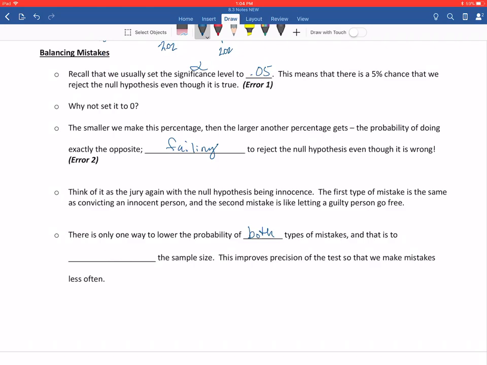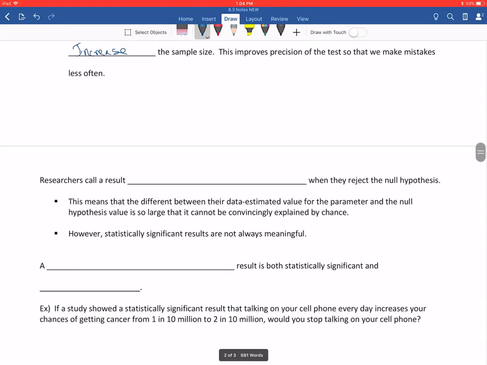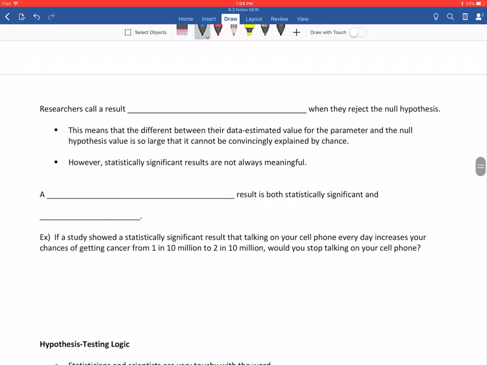There's only one way to lower the probability of both types of mistakes, and that is to increase your sample size. That would improve the precision of your tests so that you make mistakes less often. But otherwise, if you bump down the 0.05 to 0.04 or 0.01, it would lower the likelihood of error 1, but raise the likelihood of error 2. So you get nowhere doing that.